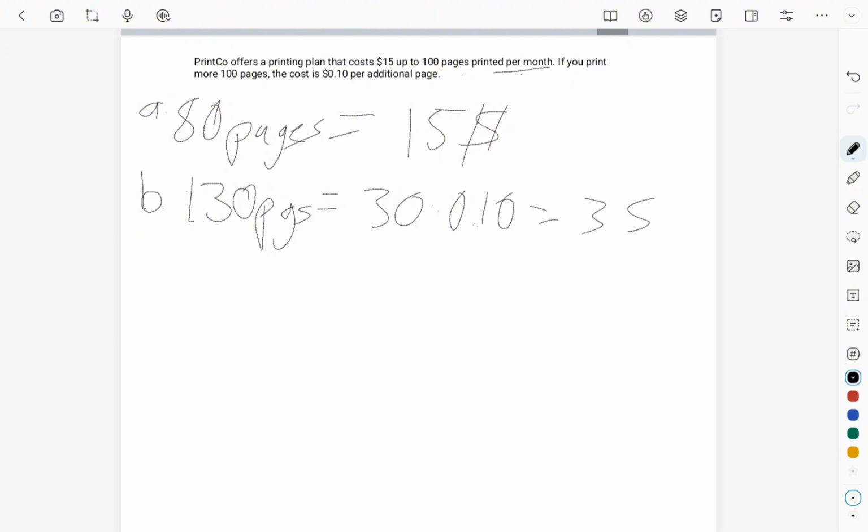That's going to be $3 to add to the monthly bill, and we already know the monthly bill is initially 15, and we add the 3 additional dollars for the 30 pages. Our monthly bill is going to be $18.